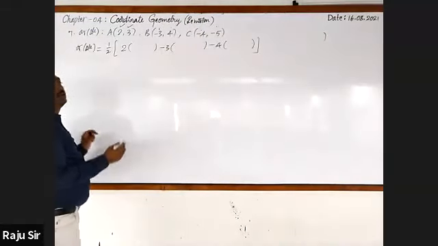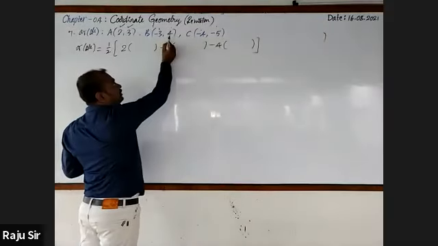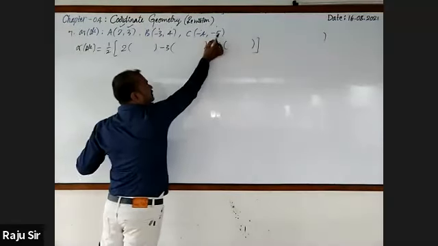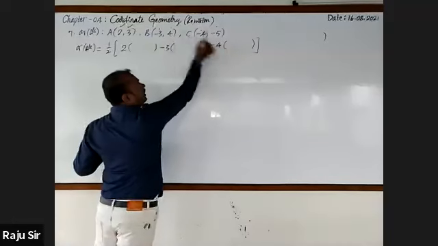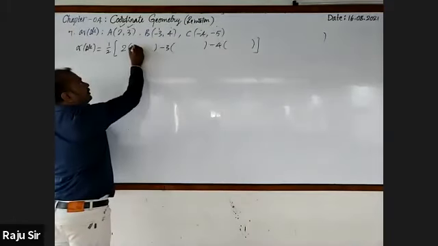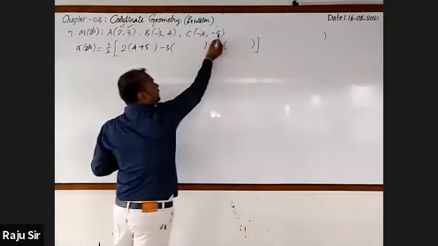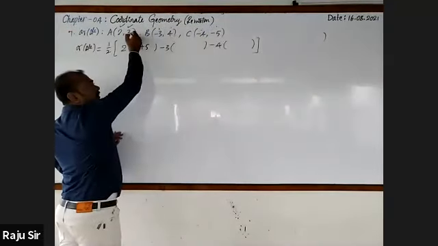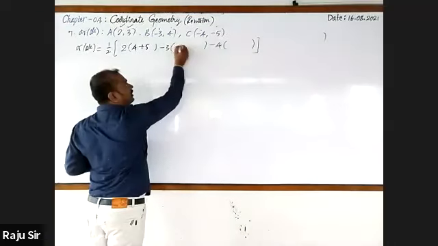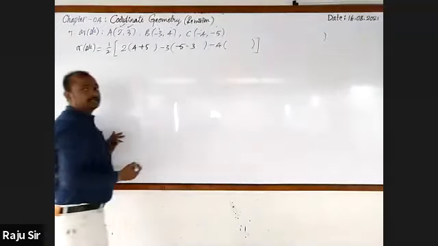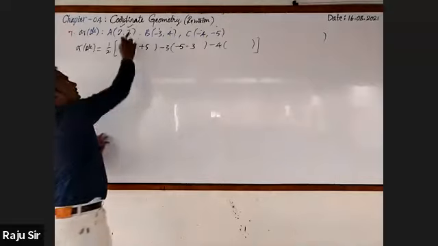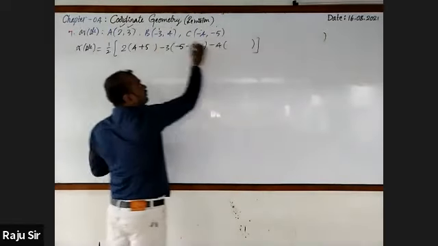Next, we have to start from y2: y2 minus y3, that is 4 minus minus 5, which is 4 plus 5. Next, minus 5 minus 3. If you are not understanding, you should ask me. Next, 3 minus 4.